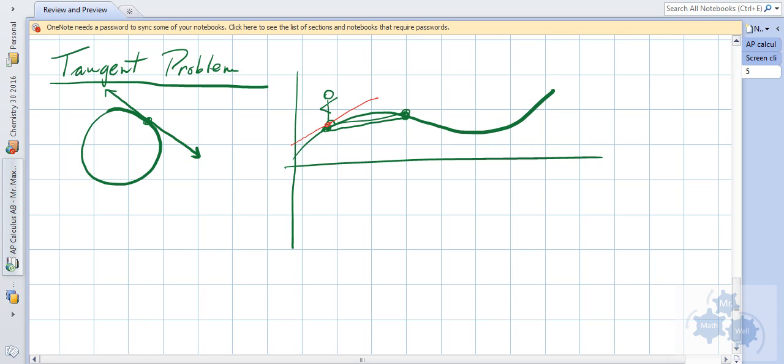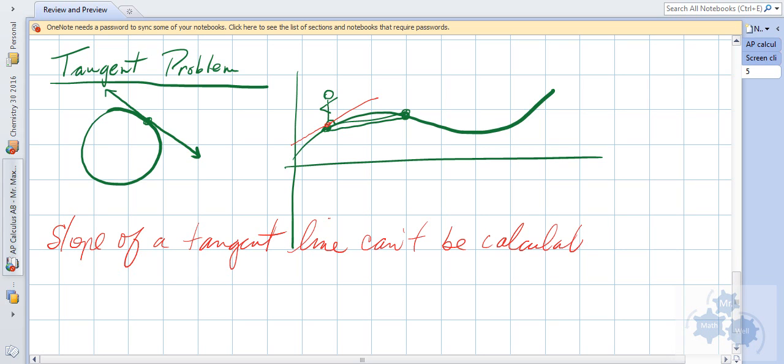And so the slope of a tangent line can't be calculated the same way as two points can.